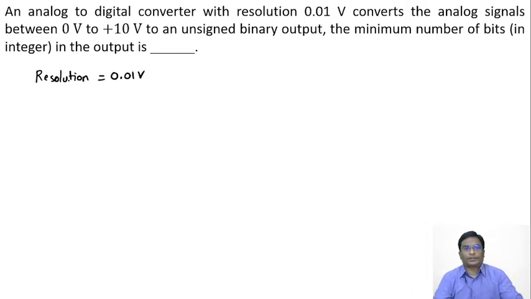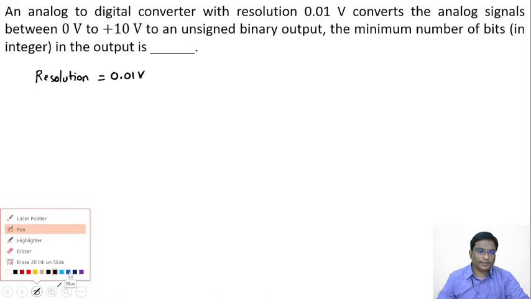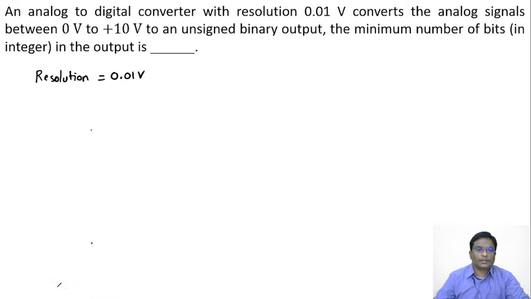The analog signal is from 0 volts to 10 volts.